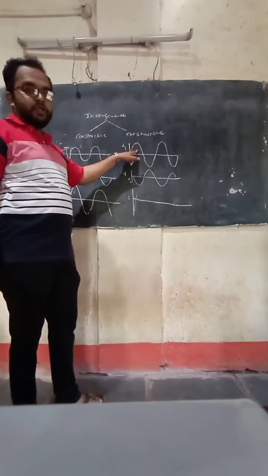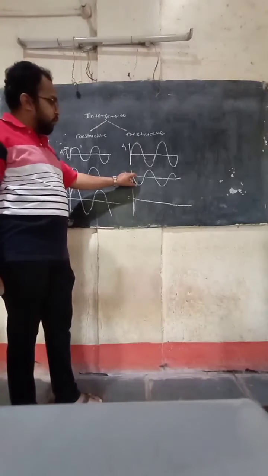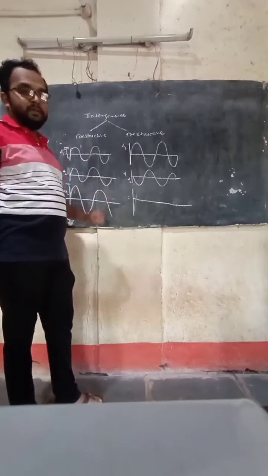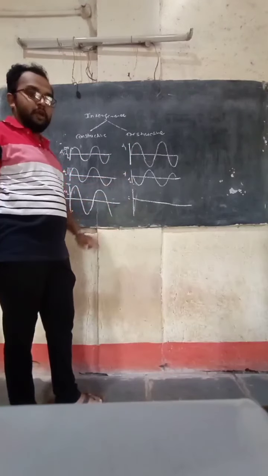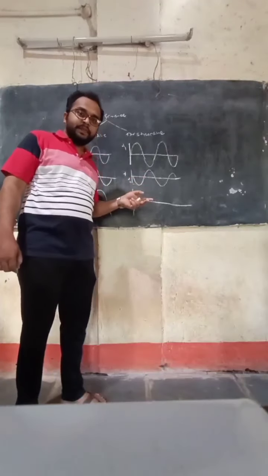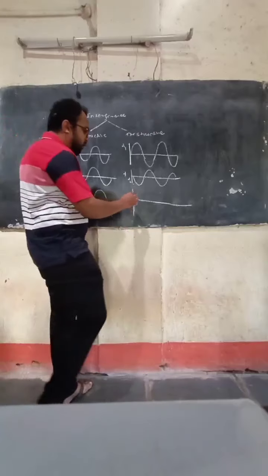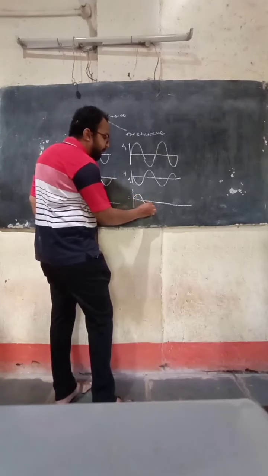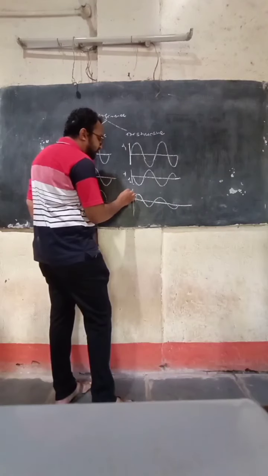Now crest is positive and trough is negative. So here this A2 will be subtracted from this A1. This A1 is positive amplitude and A2 is negative amplitude. So here positive plus negative will be the subtraction. And this kind of interference is called destructive interference. Here we get the smaller amplitude, and this will be A1 minus A2.